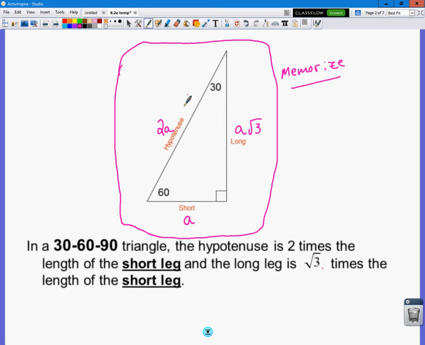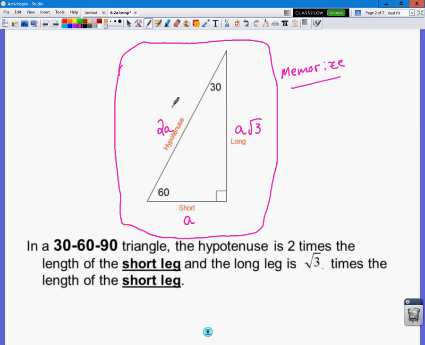If you memorize this, the equation will write itself into the triangle, and all that'll be left to do is solve it algebraically. The hardest side to work with is the long leg. The other 2 sides are easier, and you'll see why in a minute.